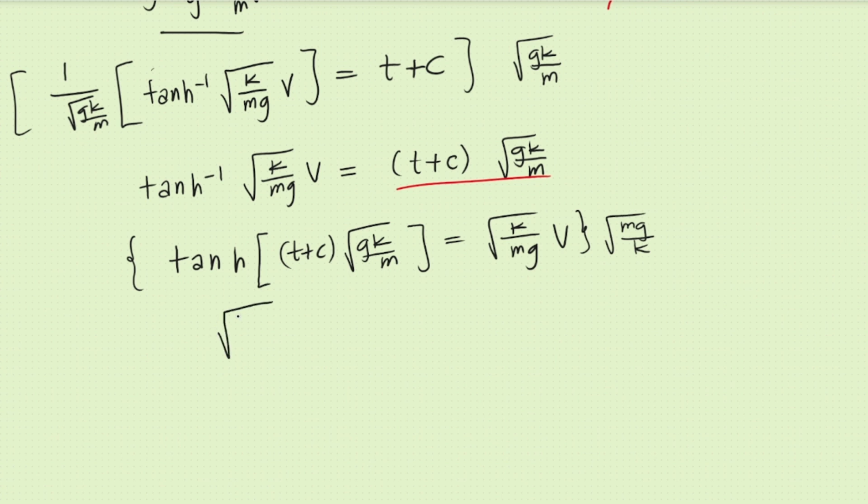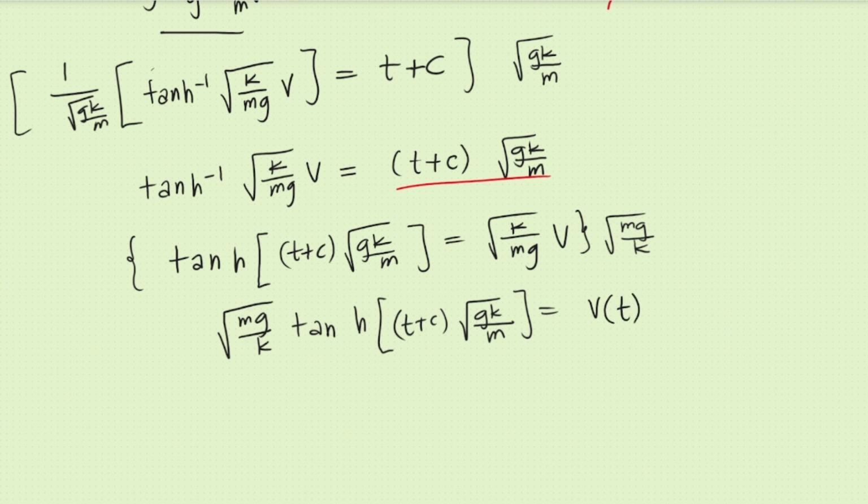That's square root of mg over k times hyperbolic tangent of t plus c times square root of gk over m is equal to v. So now that we have an equation for our velocity with respect to time, this is v of t.